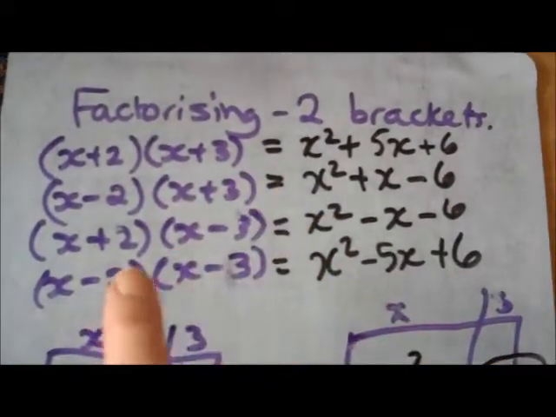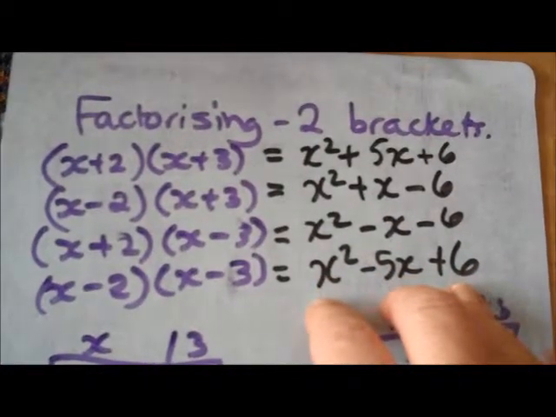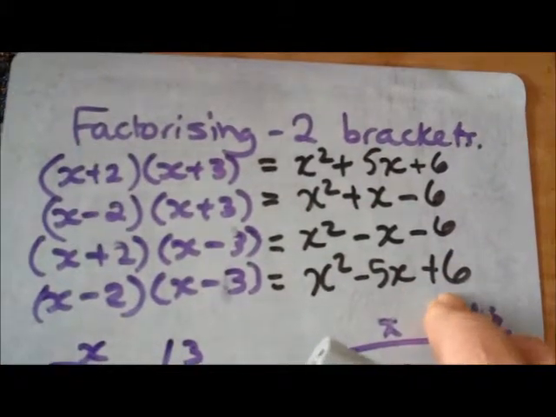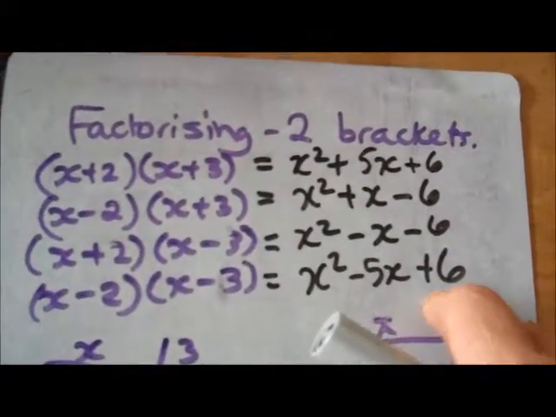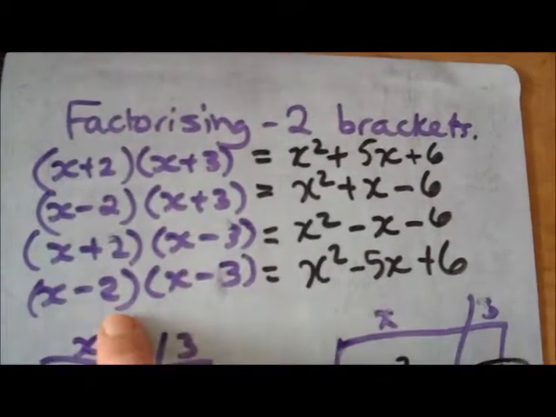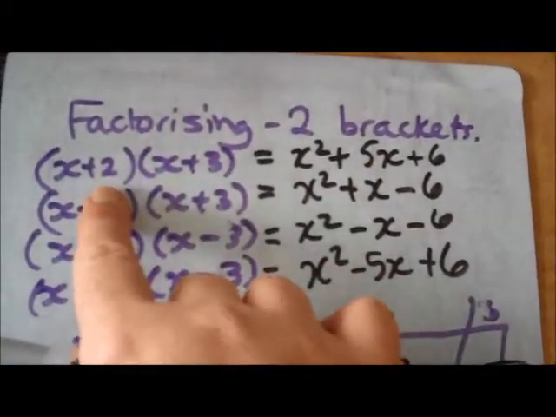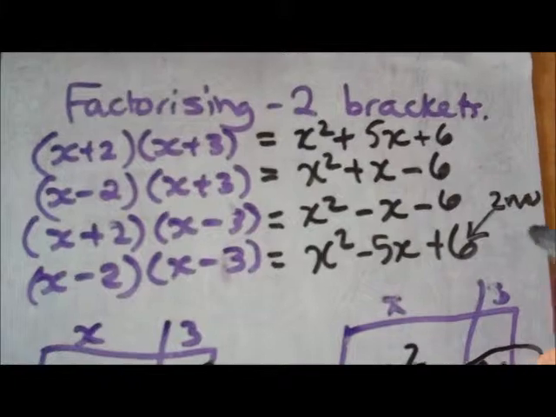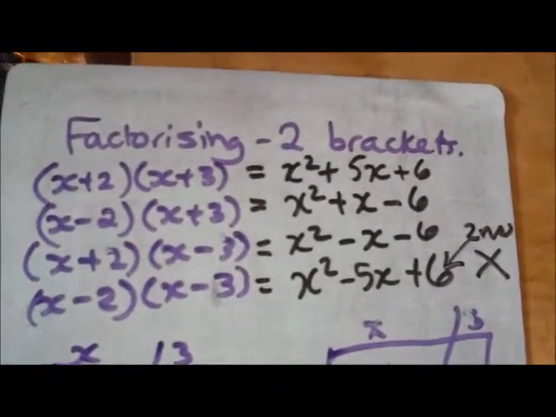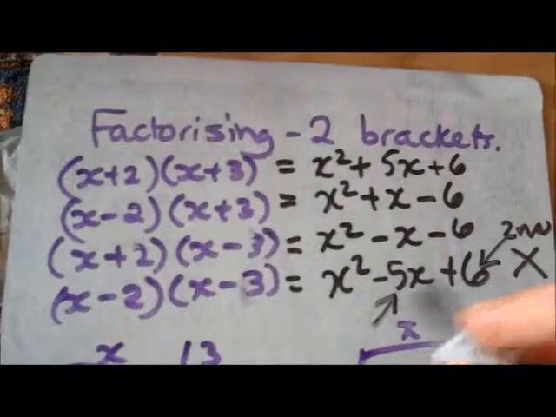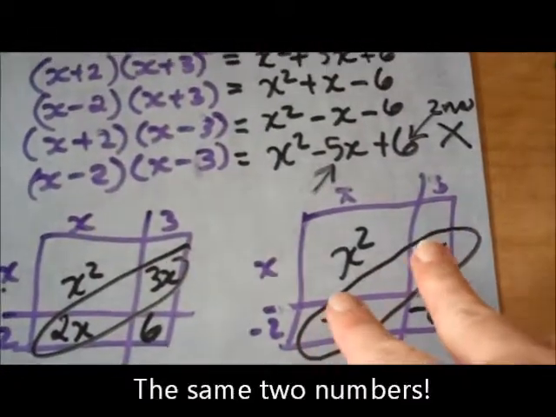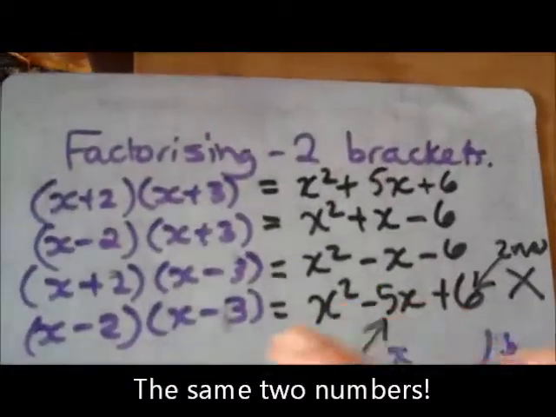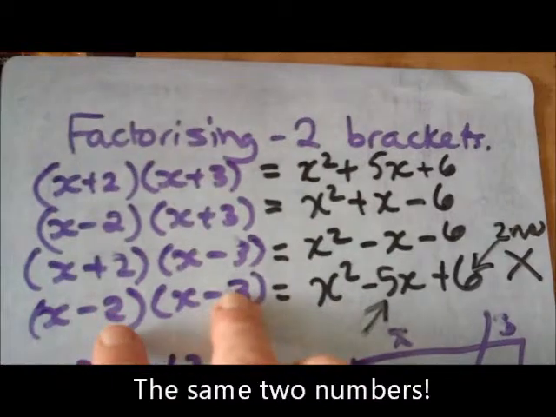So can you see the pattern? If I'm looking to factorise this, I've got to look for numbers that when I multiply them give a plus 6. They either had to be minus 3 and minus 2 or plus 3 and plus 2. It's the only way I can. So here you're looking for two numbers that multiply to give you that number. If you look at this one, where did that one come from? That was adding them up, not multiplying. So what is minus 2 plus minus 3?